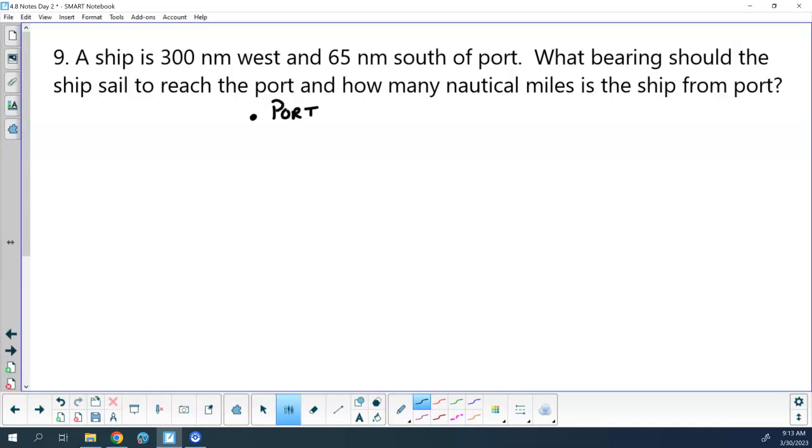Doesn't really matter which direction you go first. So if we went 300 nautical miles there, and then we are also south 65 nautical miles.